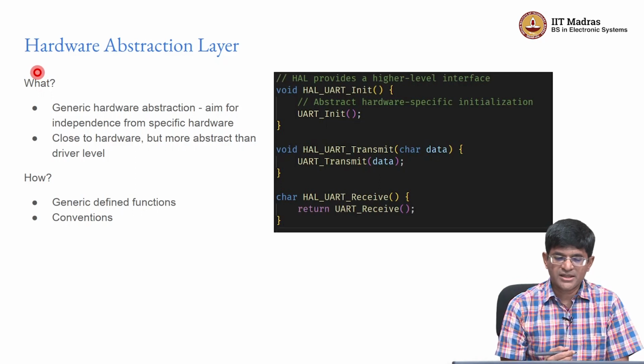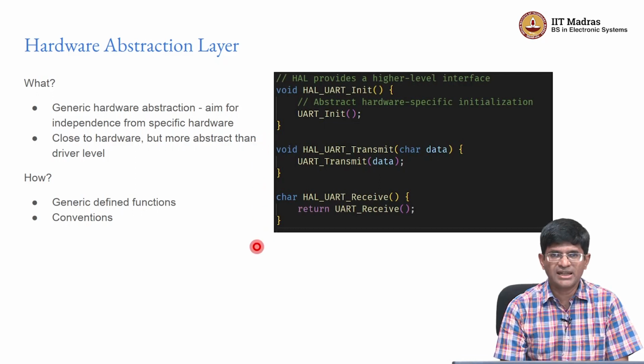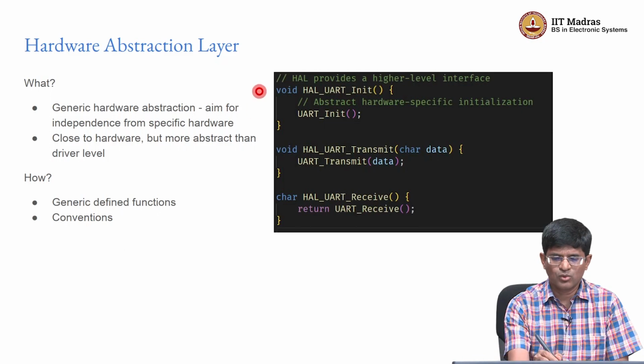In the hardware abstraction layer, what we are trying to do is come up with slightly more generic abstractions, right. The functions at this level are also similar. They are still talking about a UART init, UART transmit and so on, and you might at first glance wonder, okay, what changed over here? Nothing specifically is different. I have just added HAL in front of each of those functions.